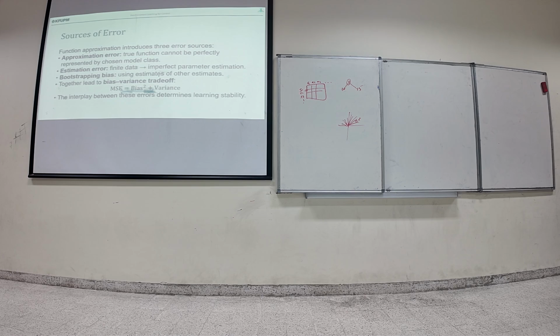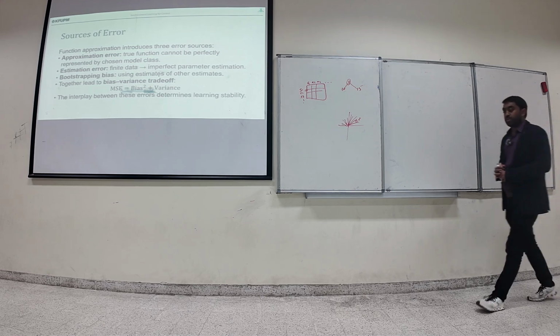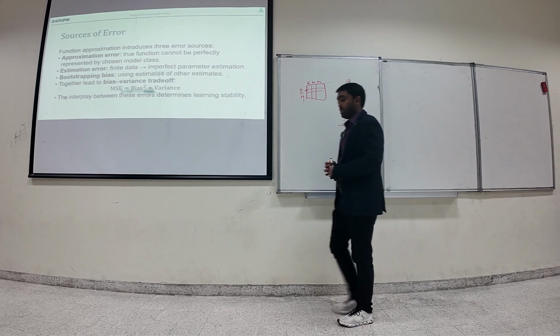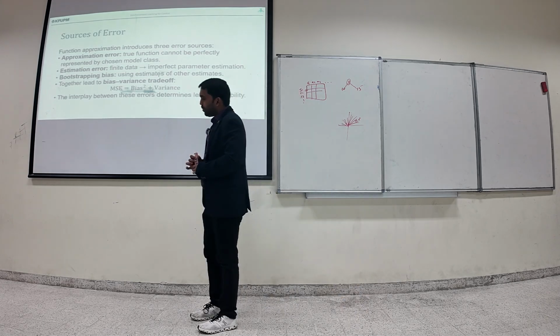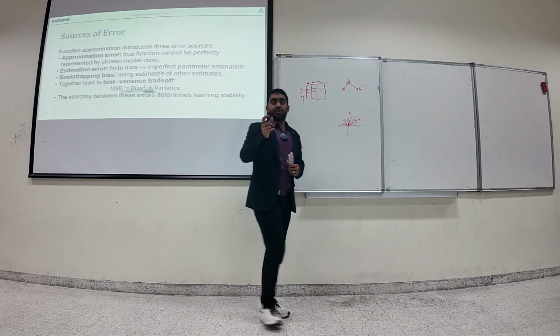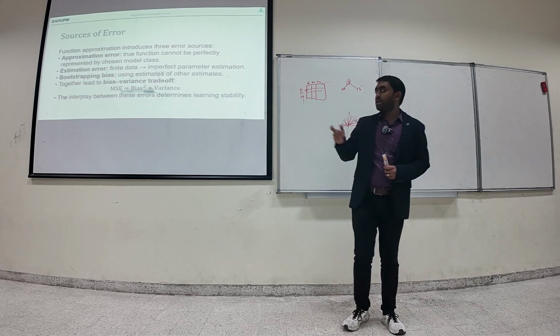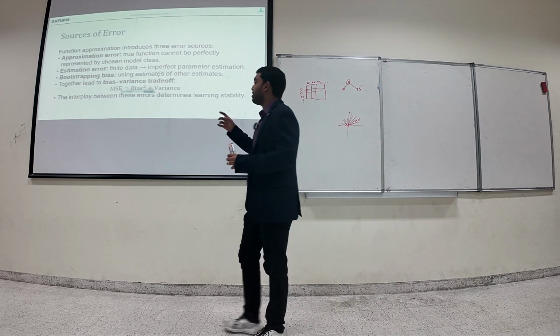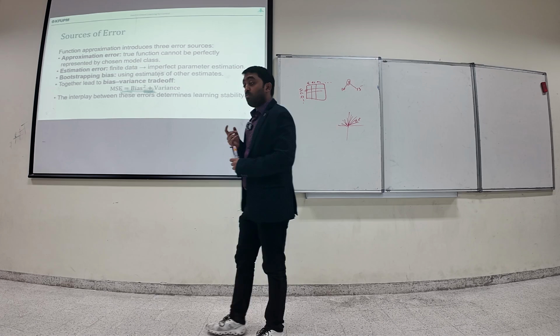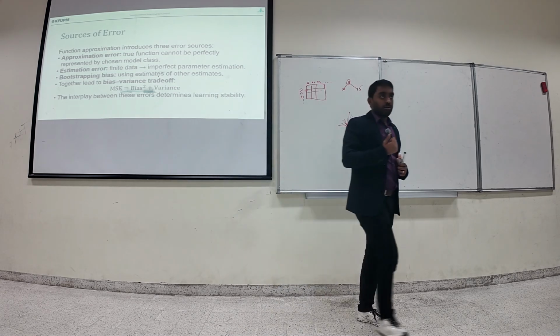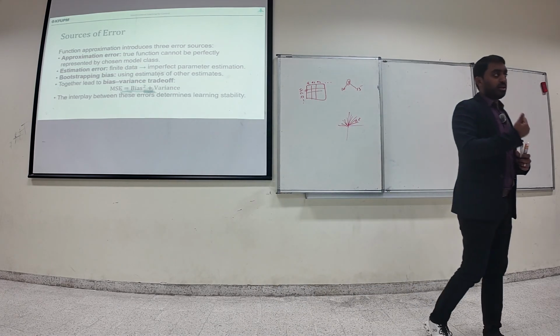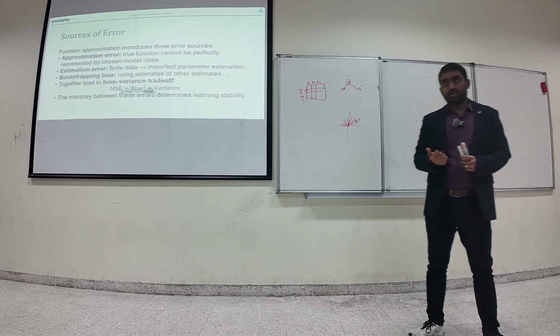Now, since we are using neural networks or function approximators, I will use the terms neural networks and function approximators interchangeably, so pardon me if I don't use them correctly. Because we are using neural networks now, one of the errors that we might face is an approximation error.